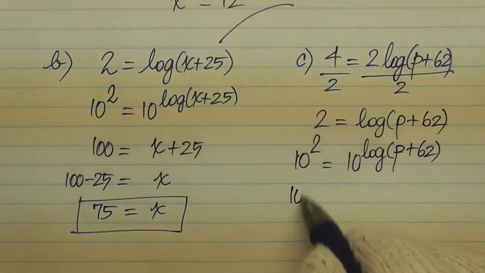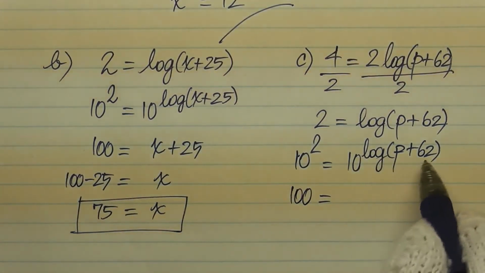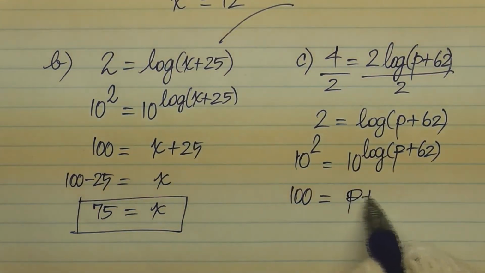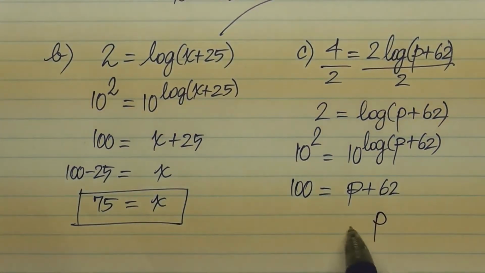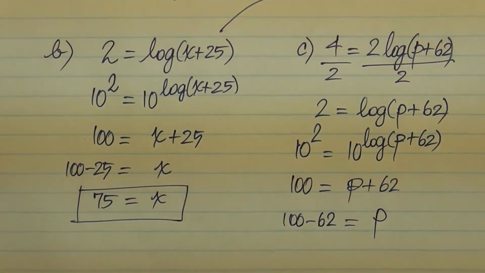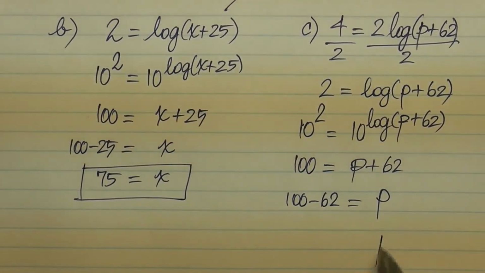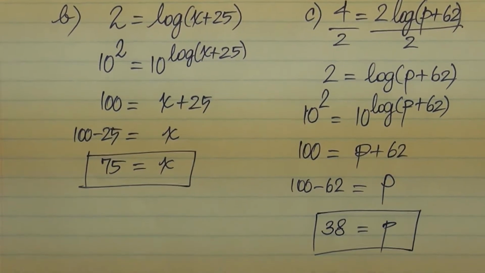Ten squared is 100. 10 to the exponent log base 10 of p plus 62. This tells us that p must be 100 minus 62. P is 38.